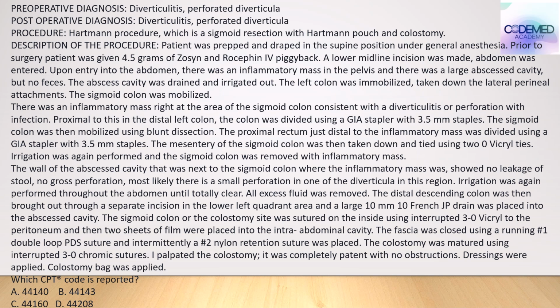Do not panic. Read the description and the procedure, because here the procedure is Hartmann procedure, which is a sigmoid resection with Hartmann pouch and colostomy. Colostomy means creating an opening in the colon. So that should give you some hint.